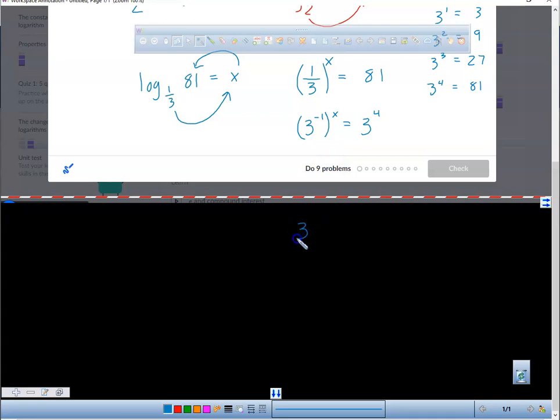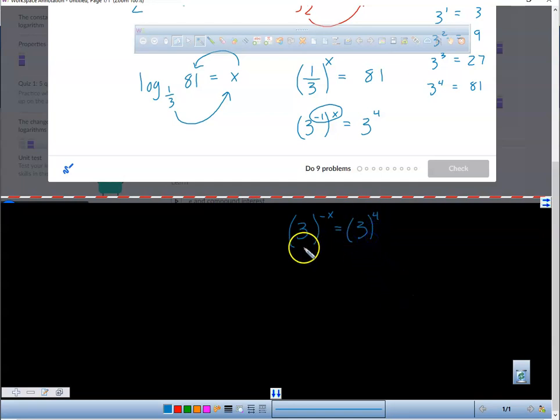So if I have 3 to the power of negative 1 times x, remember, what's power to a power? You're allowed to multiply those together, and you get 3 to the power of 4.